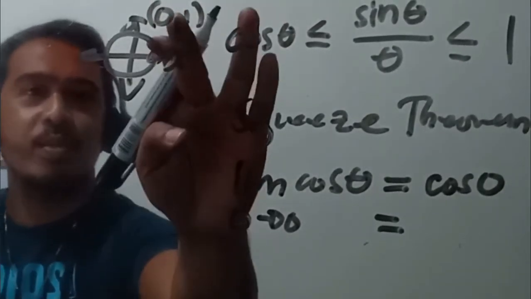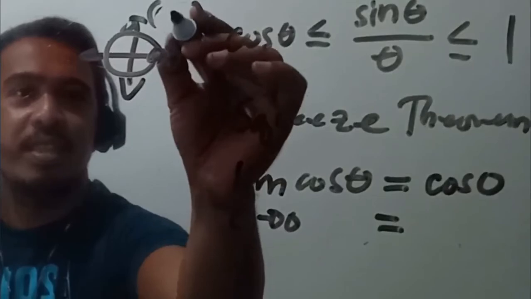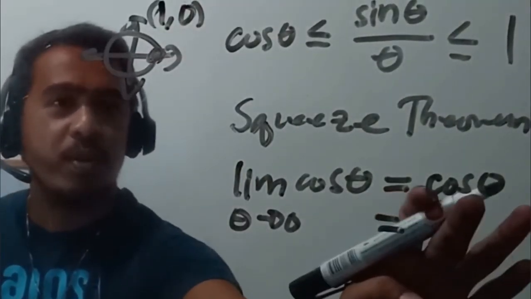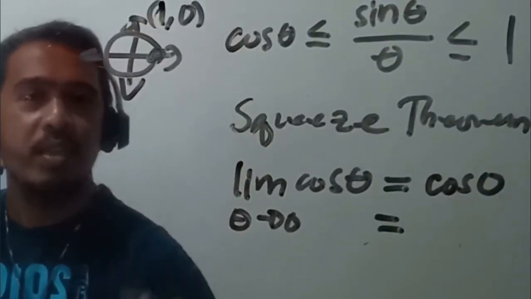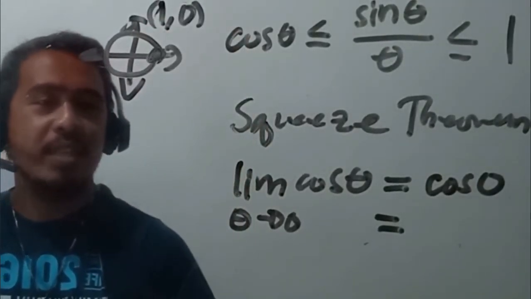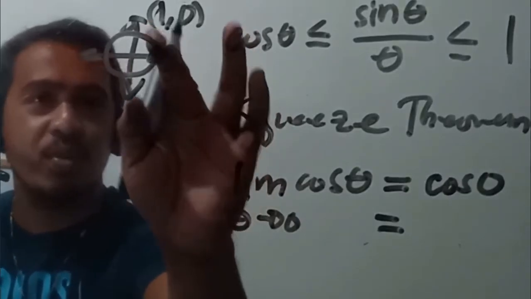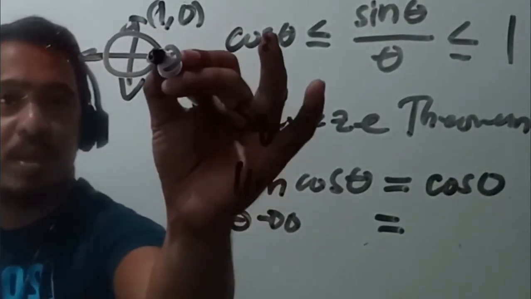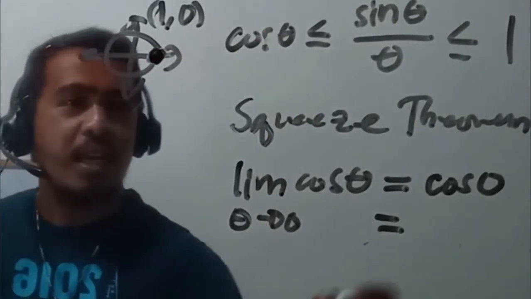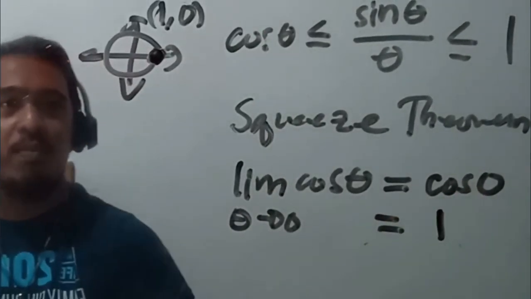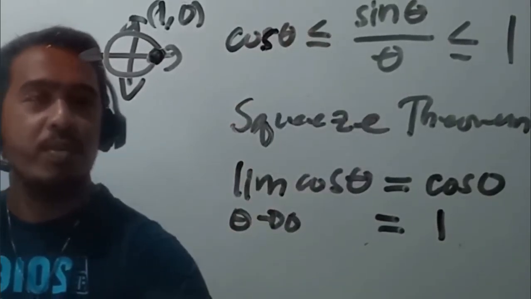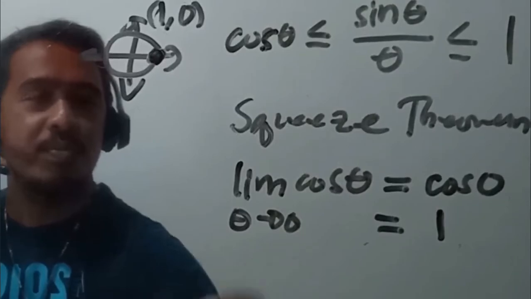Oh no, it's 1, 0 rather. 1, 0. Since we are looking for cosine, it is for the abscissa or the x coordinate. So the x coordinate of the terminal point of that quadrantal angle is 1. So the limit of cosine theta as theta approaches 0 is 1.